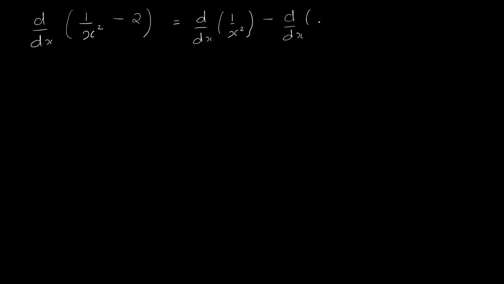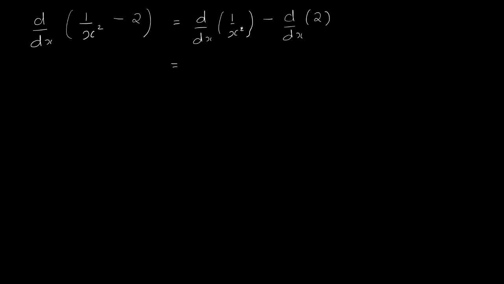Similarly, if we want to find d by dx of 1 by x square minus 2. Now this is also a function. How do we write this? As d by dx of 1 by x square, and again similarly the minus sign will come out, d by dx of 2.